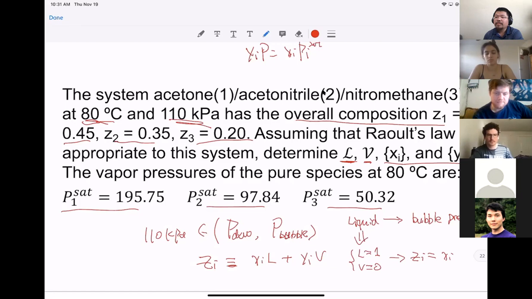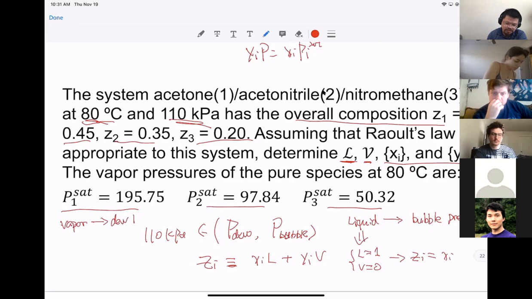Okay. On the other side, when you try to figure out the dew pressure, which means you are starting from the pure vapor and you are looking for this dew pressure, then for the pure vapor, you are going to have V as 1, liquid as 0, because there's no liquid at all.